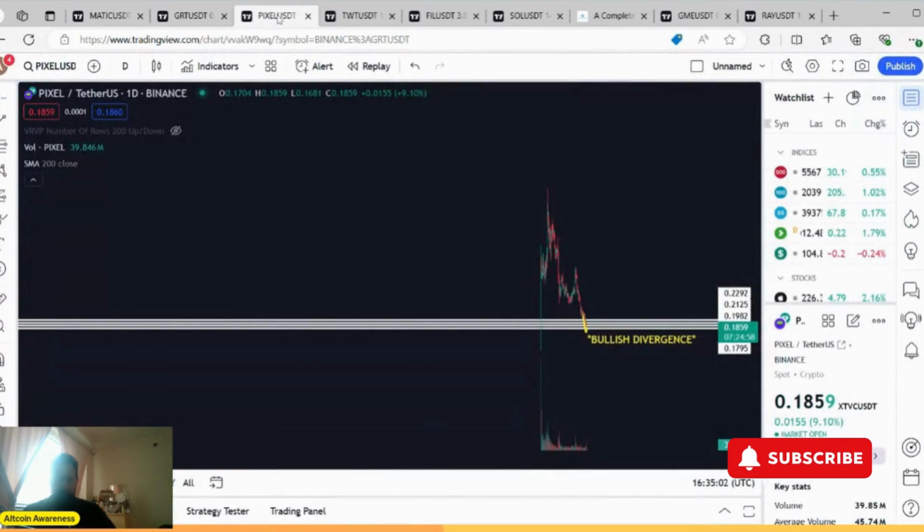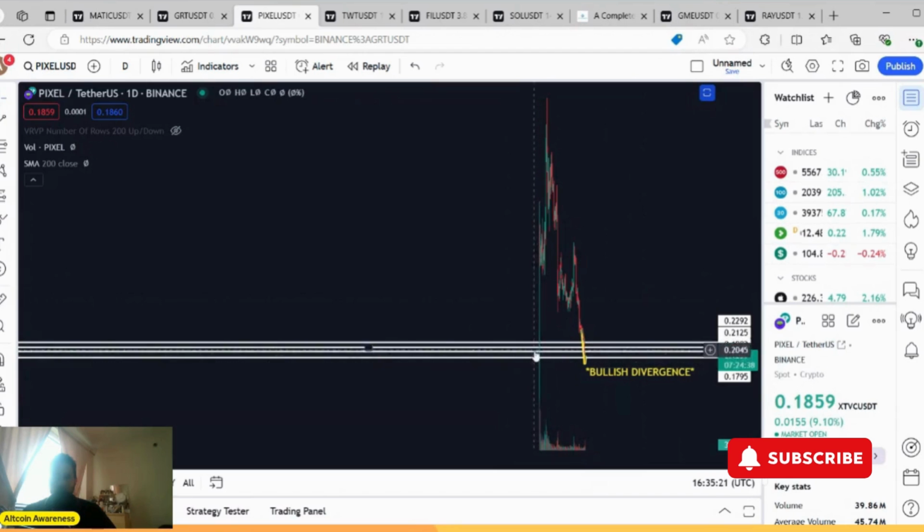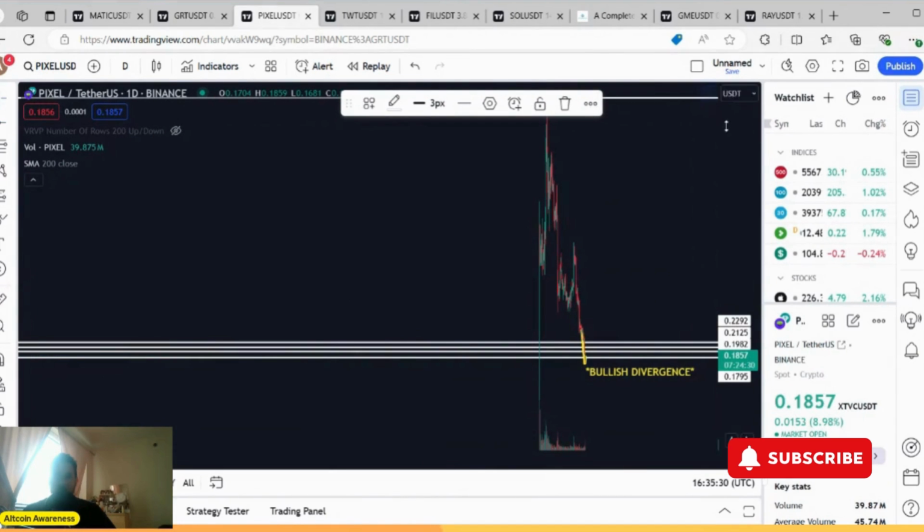Next, Pixelverse. I'm not going to say much about this coin. The ticker is Pixel. We're looking at the Pixel USDT daily chart. Okay, we have a bullish divergence on the daily after this crazy run up all the way up here to the all-time highs at the 1.03 level.